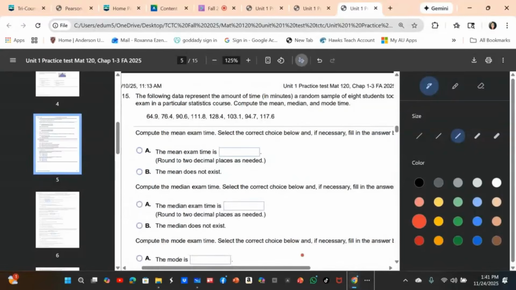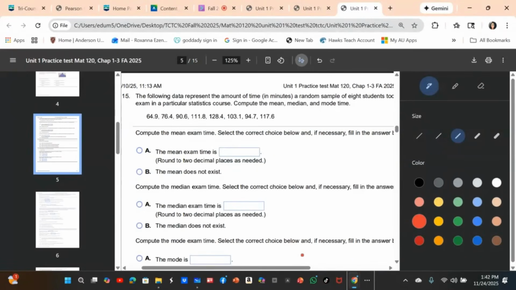So compute the mean, median, and mode. You already know how to do this. You put this data in your calculator and find the one-variable statistics, compute the mean, find the median, and the mode. If you're told to find the mode, it means they're asking you if there's a number that occurs most.